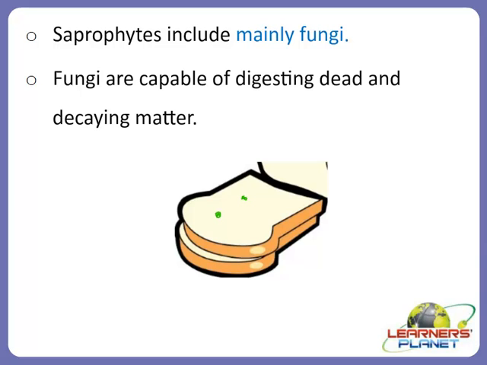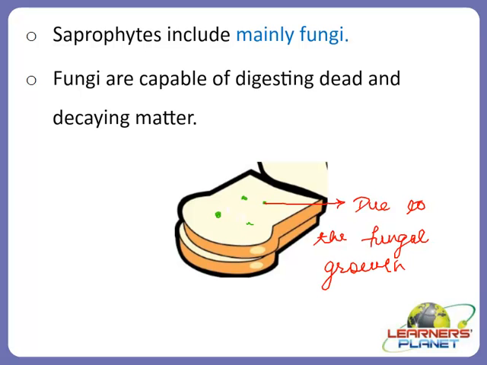We will observe some whitish green patches on the bread, and these white and green patches on the bread are actually the patches due to the fungal growth. Let me write it down for you. These patches are due to the fungal growth.